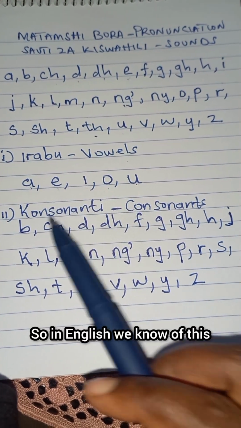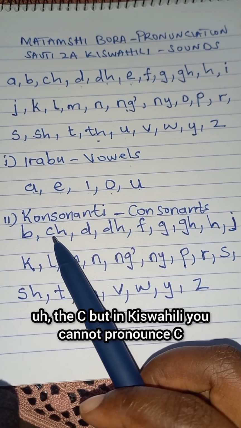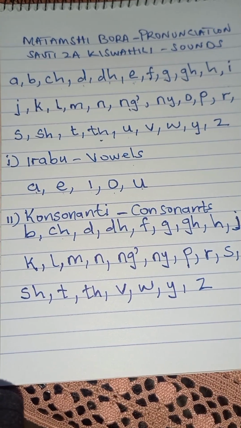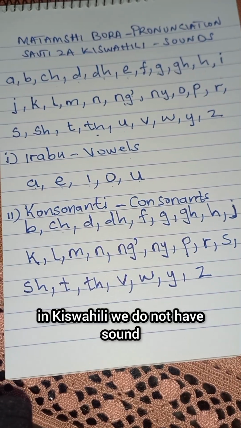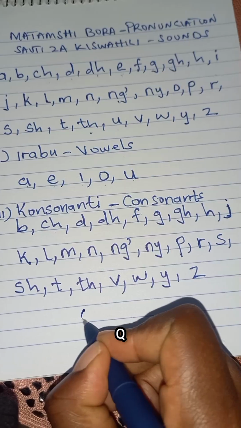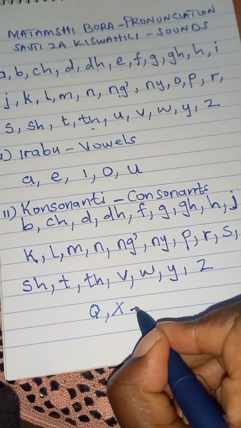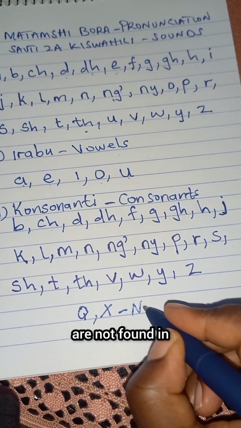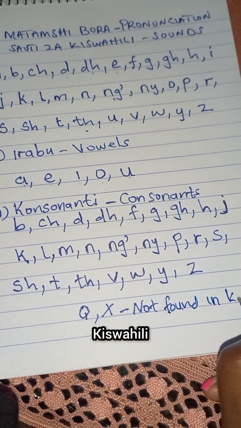So in English we know of these, the C, but in Kiswahili you cannot pronounce C, so you must add the H to make it ch. Now you realize that in Kiswahili we do not have sound Q and X. Q and X are not found in Kiswahili.